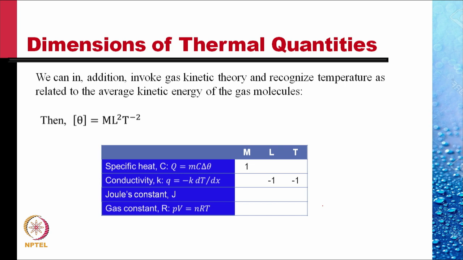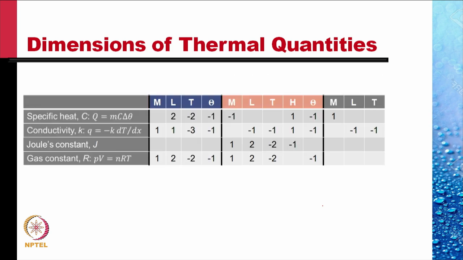Conductivity has L minus 1, T minus 1. We have spent time on these dimensions of thermal quantities in preparation for the dimensional analysis we'll carry out on thermal quantities later in the course.